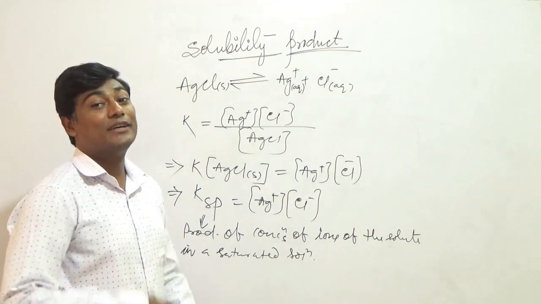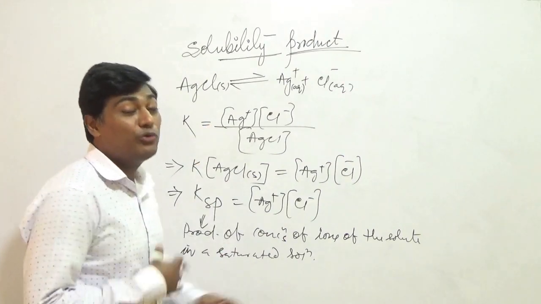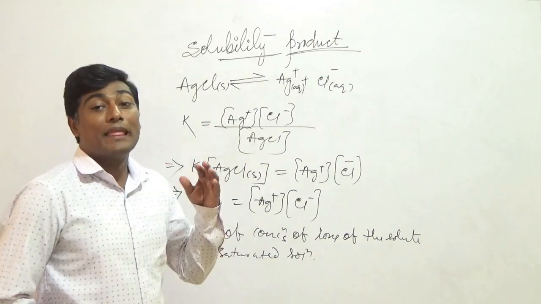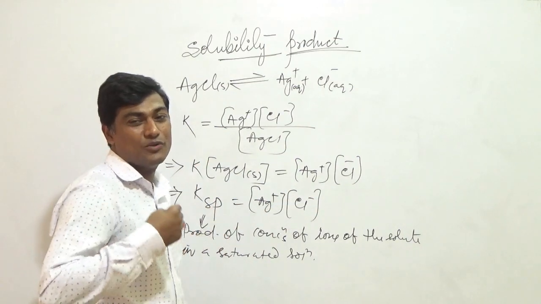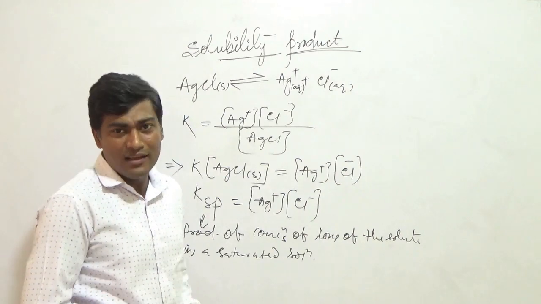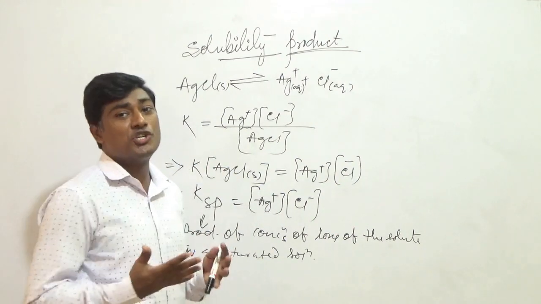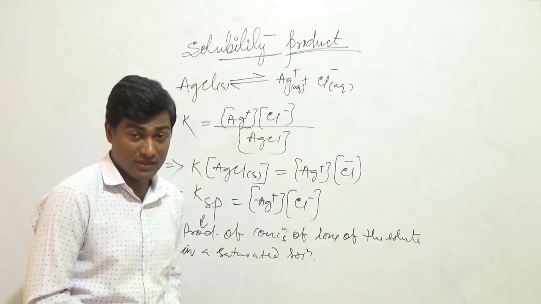Now we can come to the question of why we took silver chloride, why we took the sparingly soluble salt. Because a sparingly soluble salt is very feebly ionized, so on addition of a little amount of salt, you are very sure to get a saturated solution.